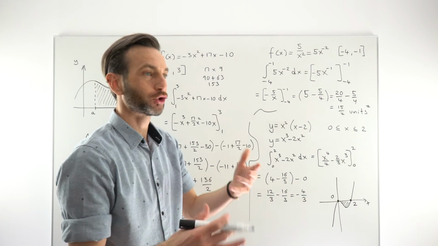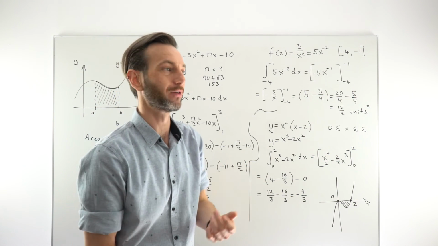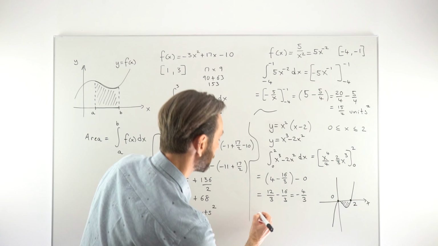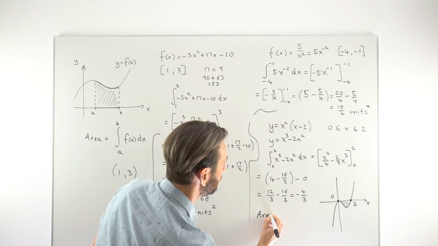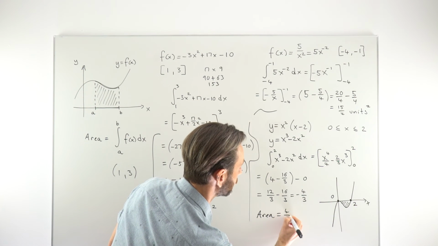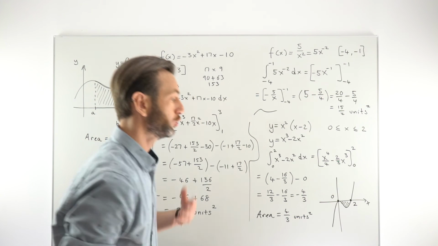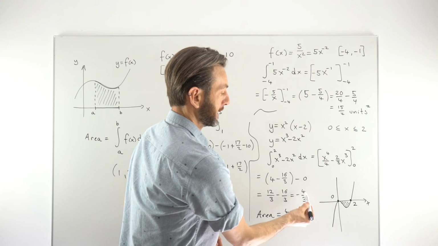But because we're interpreting that integral as an area, it does represent the area, the numerical value itself. When we come to write the area, we just say that the area equals 4/3 units squared. And we just basically ignore the fact that it's come out to be a negative.